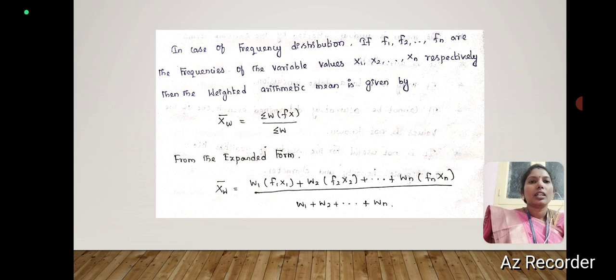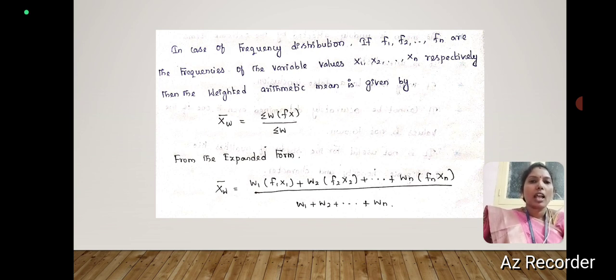In case frequency distributions are available in weighted arithmetic mean, the formula can be changed as x̄w equal to summation w into fx divided by summation w.